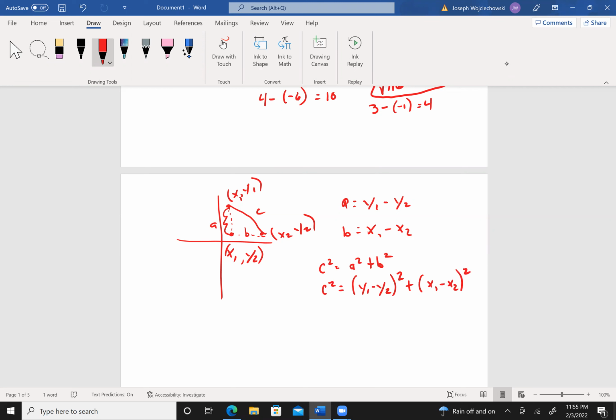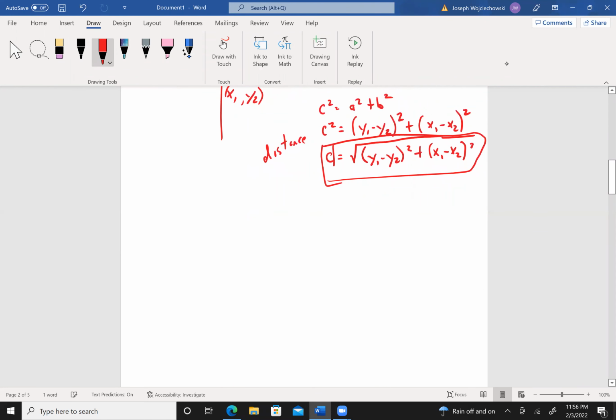So no matter if we get a negative number or not, we're squaring it, so we'll be getting a positive number. So c would be equal to the square root of (y1 minus y2) squared plus (x1 minus x2) squared. And we're just going to call this d for distance. Now this is the distance formula, the distance between 2 points.